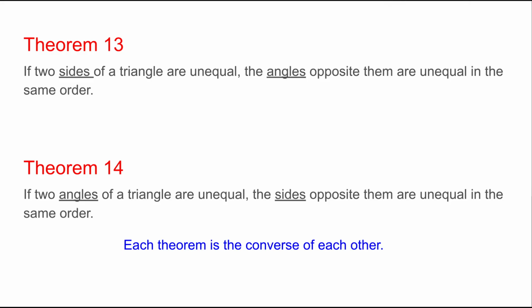And so they're telling you that the sides of a triangle will be in proportion to their angles. So the longest side of a triangle will be across from the largest angle in the triangle. And then your second largest angle will be across from your second largest side, and so on.